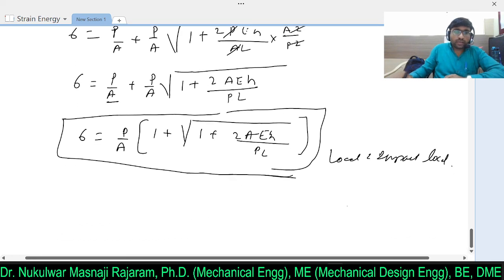Simple. Now if you consider this equation, from this equation I can conclude some important conclusions.